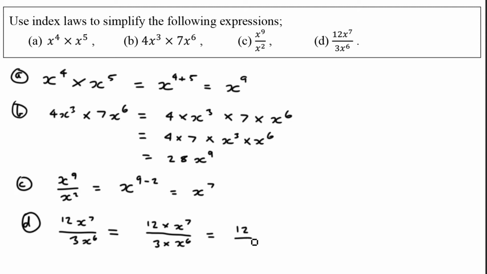This is the same thing as 12 divided by 3 multiplied by x to the 7 divided by x to the 6. 12 divided by 3 is 4, and x to the 7 divided by x to the 6 is the same as x to the 7 subtract 6, which is 1, so we have 4 times x to the 1. And of course we don't bother writing the x to the 1, that just means we have a single x, so we would just write that as 4x.